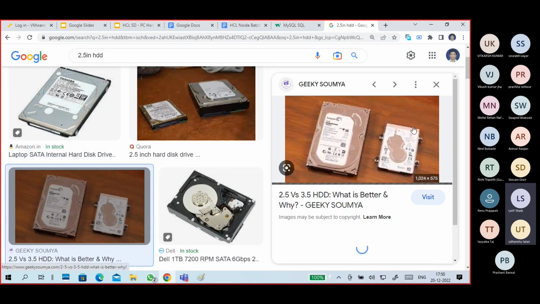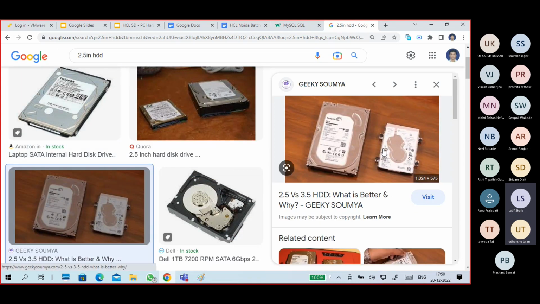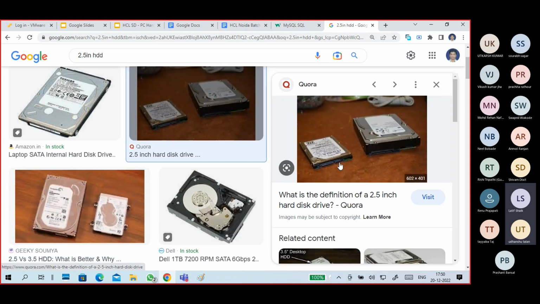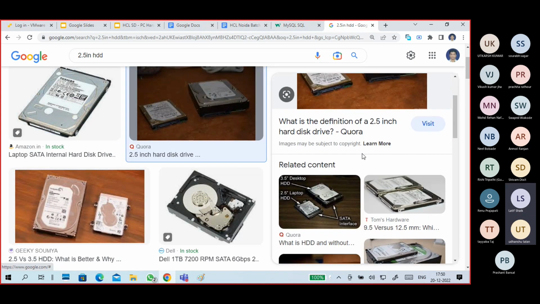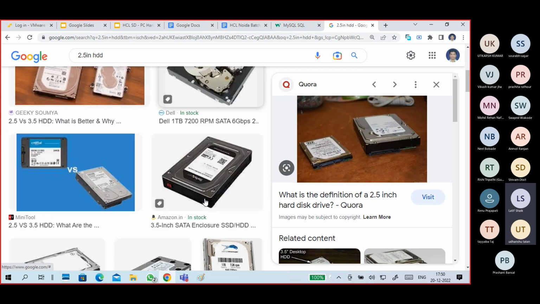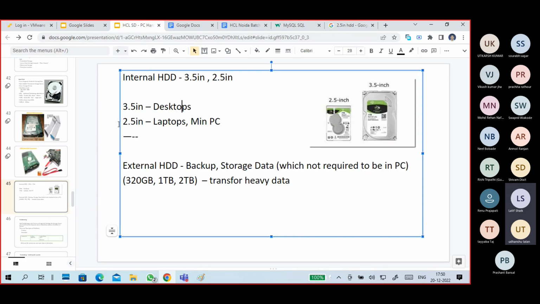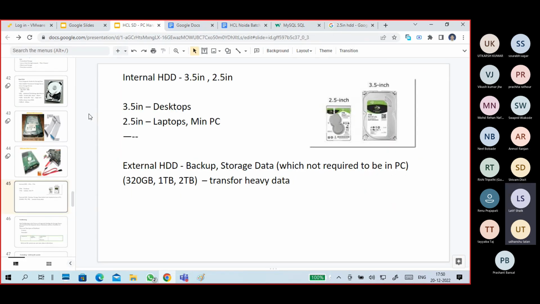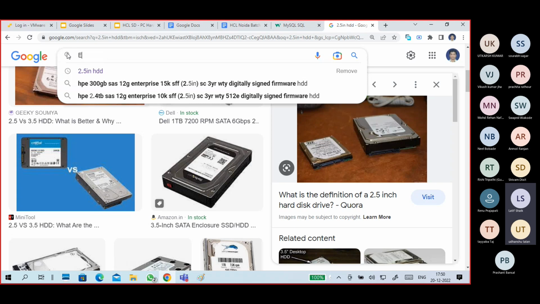Next, the bigger 3.5 inch hard disk is suitable for desktop purposes only. Also, among hard disks we have an external hard disk.